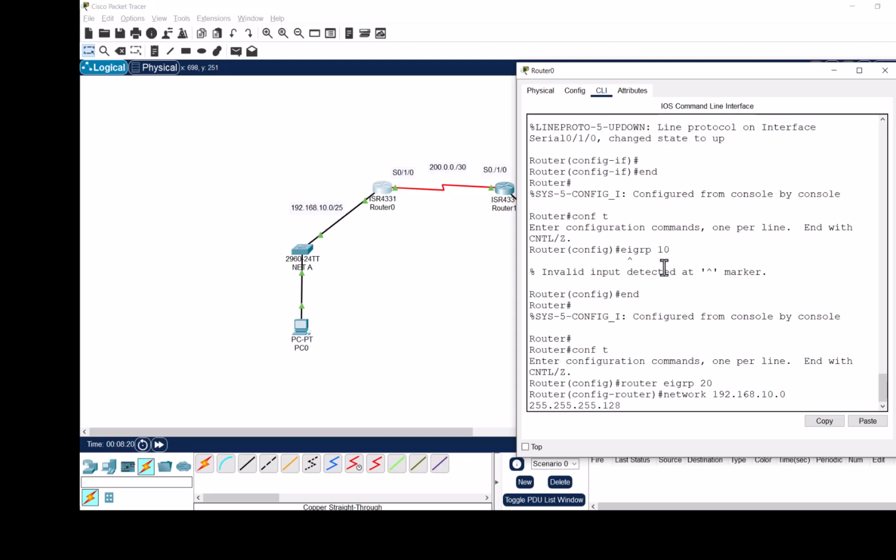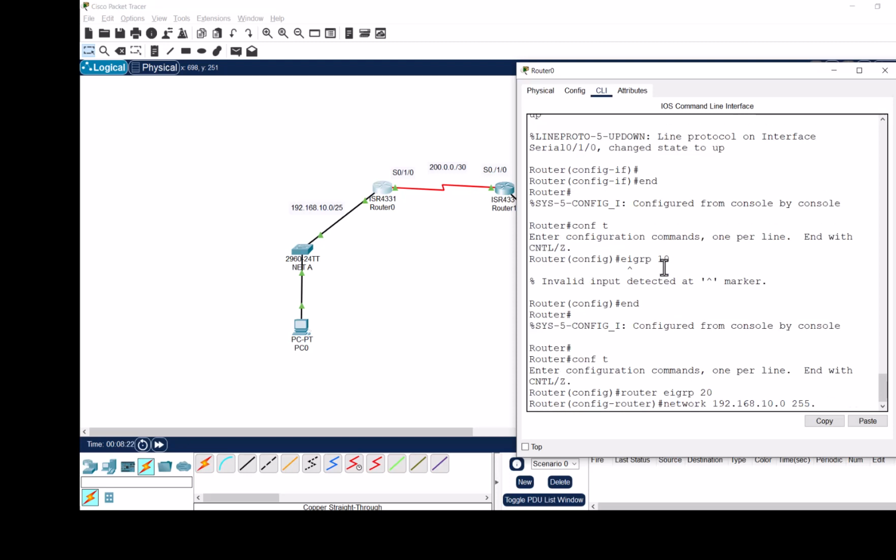But for the router, they take the wildcard, which is 0.0.0.127. It's the opposite. If it's 255, here it's going to be 0. And if it's 128, here it's going to be 127. So the total of this with the subnet mask will be 255.